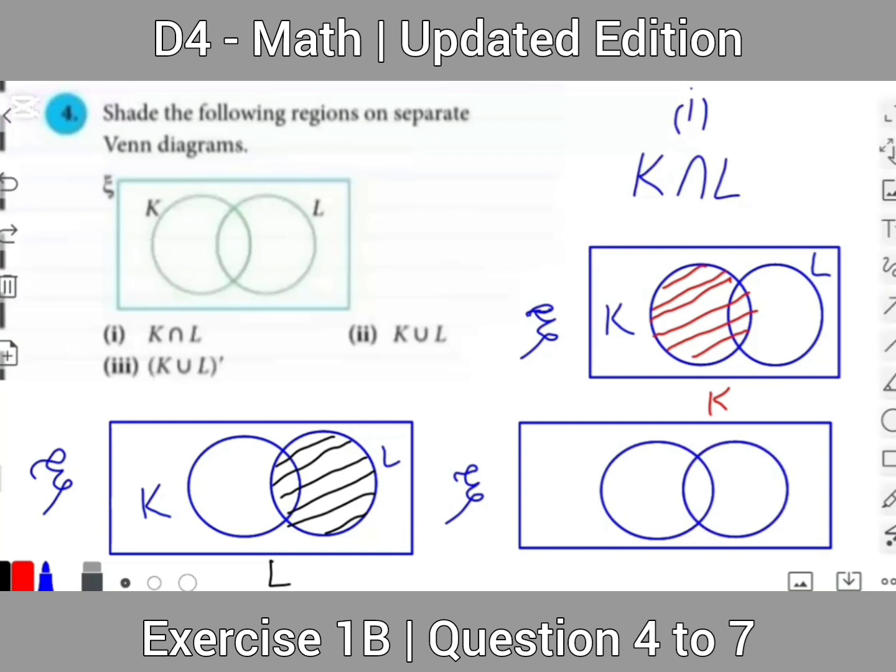The region that is common to the first and second Venn diagram is the region shaded in red, or we can call it the overlapping region also. It's the overlapping region. So the third Venn diagram shows K intersection L.